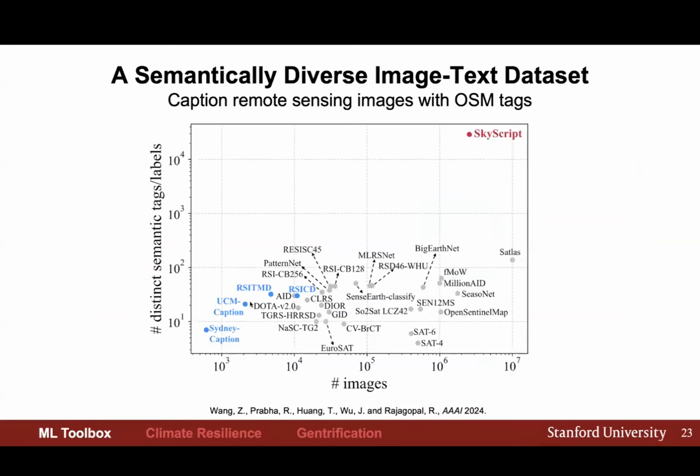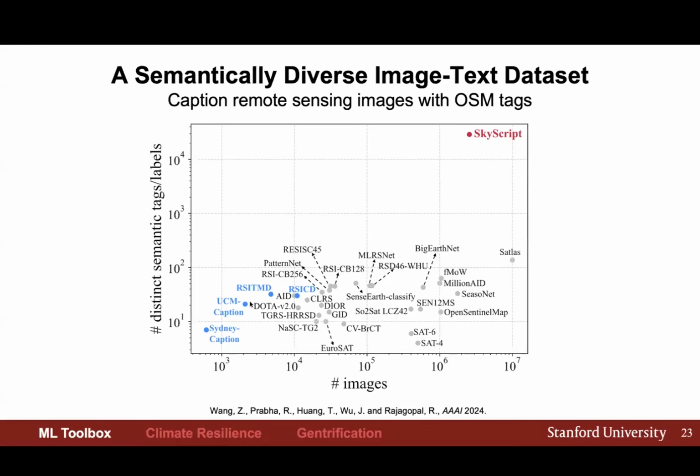This shows the scale: on the x-axis, the number of images, and on the y-axis, the number of distinct labels, compared with all the previous satellite imagery data sets. The previous benchmarks have a lot of images, on the level of 10 million images, but they don't have a very diverse set of labels. Many of them, most of them, have maybe less than 100 labels.